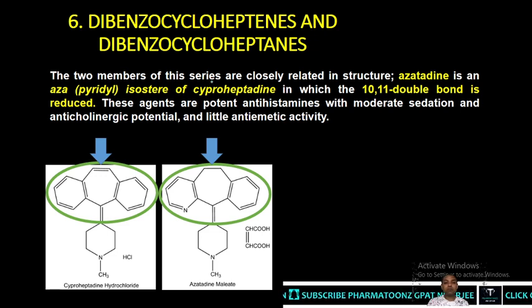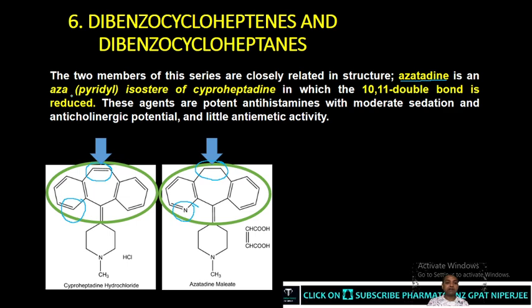So this is the basic difference between dibenzocycloheptene and dibenzocycloheptane derivatives. The two members of this series are closely related in structure, for example azatadine. If you look at the structure of cyproheptadine, at the second position there is no heterocycle, but in azatadine a heterocyclic atom is there. In the structure of cyproheptadine there is a double bond, a vinyl group, while here a saturated ethyl bridge is there.